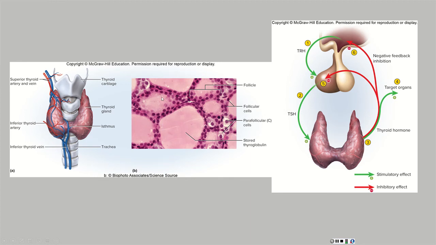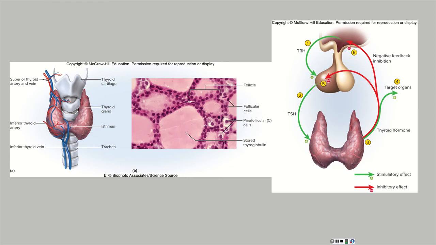The follicles are filled with a thick liquid called stroma or colloid. Colloid, I believe, is a little more common, but you may also see stroma. And the colloid is filled with iodine and something called thyroglobulin.